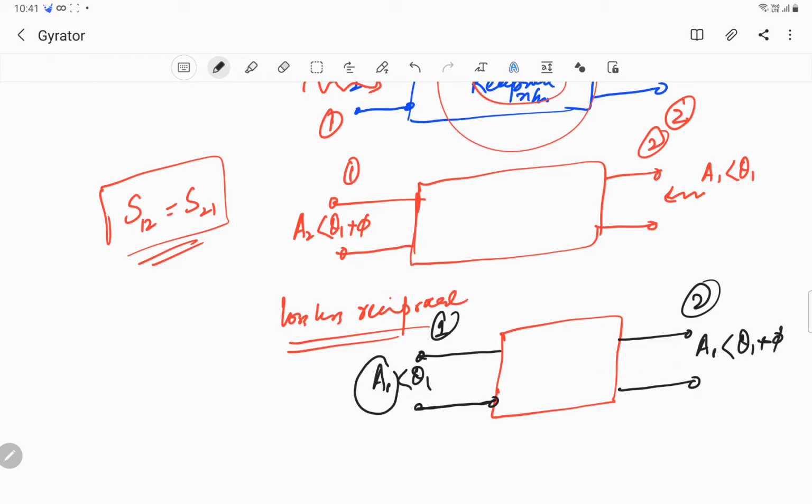So the amplitude remains the same. Such a network is called lossless if the amplitude remains the same. For example, transmission lines are considered lossless as long as the amplitude remains the same.